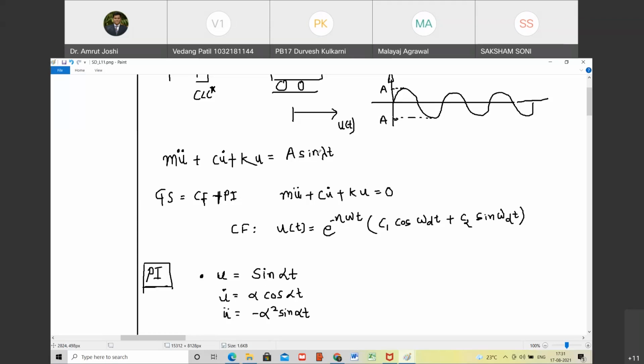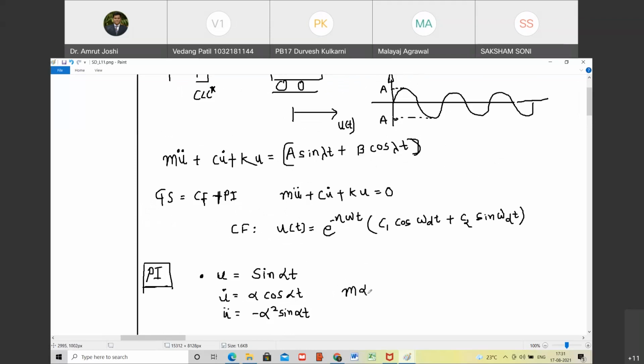Or let us do one thing. Let us find the response of the system to a sin lambda t plus b cos lambda t, which is a periodic function. Now, let me substitute these values back here. So what do I get?